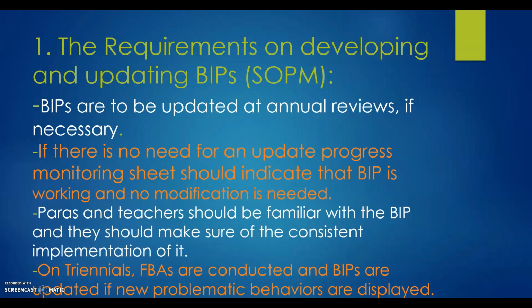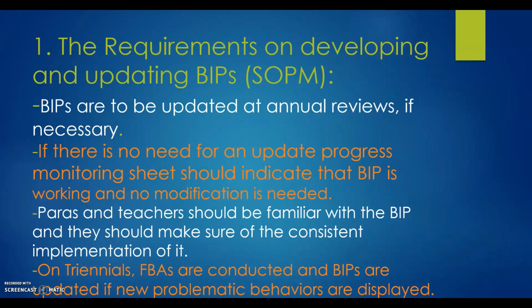On triennials, when students are due for reevaluations, functional behavior assessments are conducted and behavior intervention plans are updated if new problematic behaviors are displayed. So every 3 years, when the student is due for a reevaluation, a functional behavior assessment can be done, and most of the time it will be needed to reevaluate students' behavior.